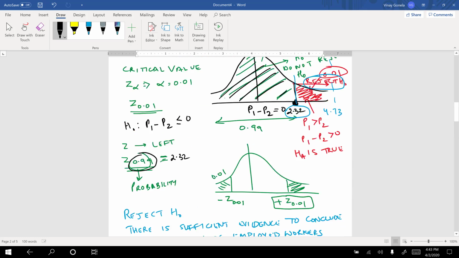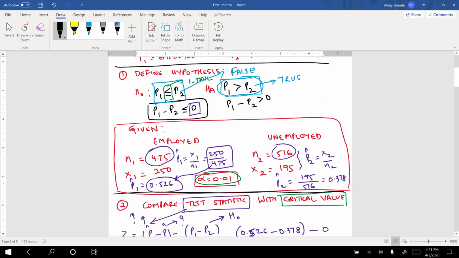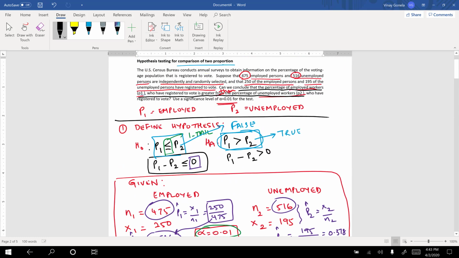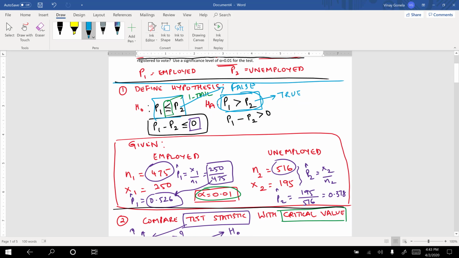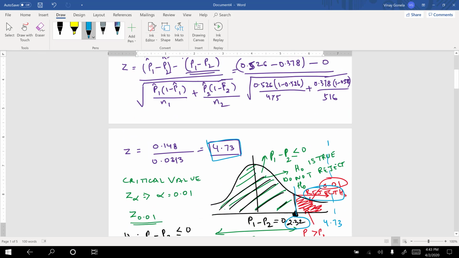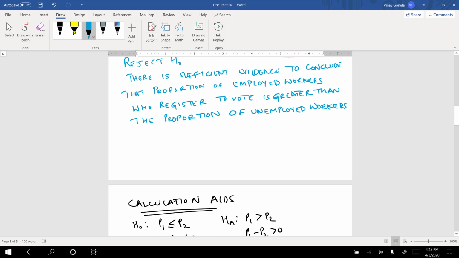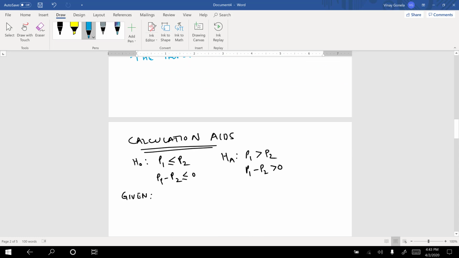And the data given, again this comes from the question itself, from this portion to this portion. That is what I'm copying. So this is given for employed, and this is unemployed.